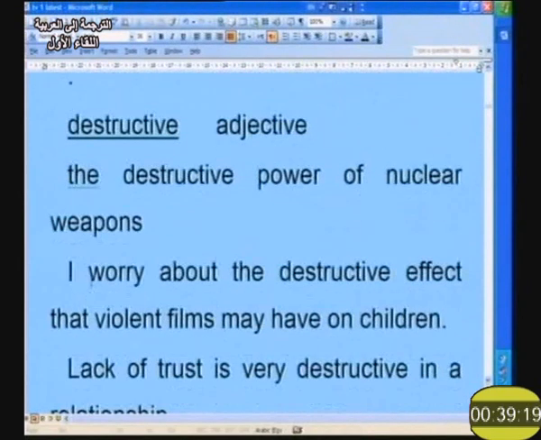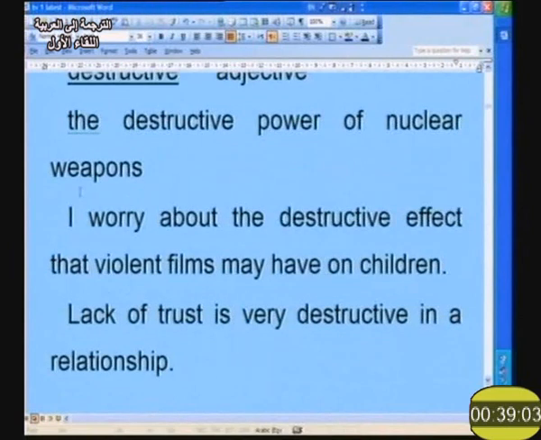The adjective from destroy is destructive, مدمر. The destructive power of nuclear weapons, القوة المدمرة القوية.